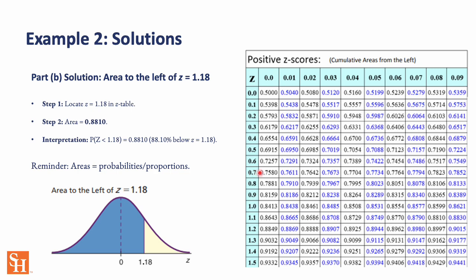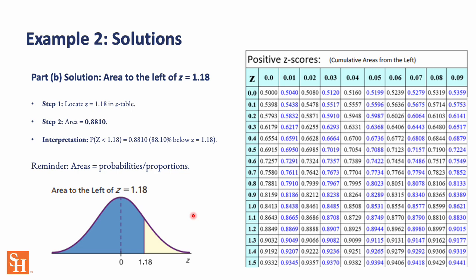So here we have 0.7, then 0.75 or 0.76. For 0.75, the area to the left side of 0.75 is 0.7734, and the area to the left side of 0.76 is 0.7764, and so on.